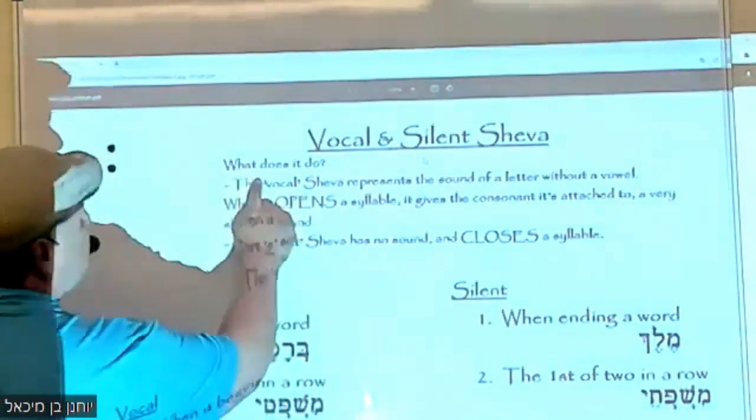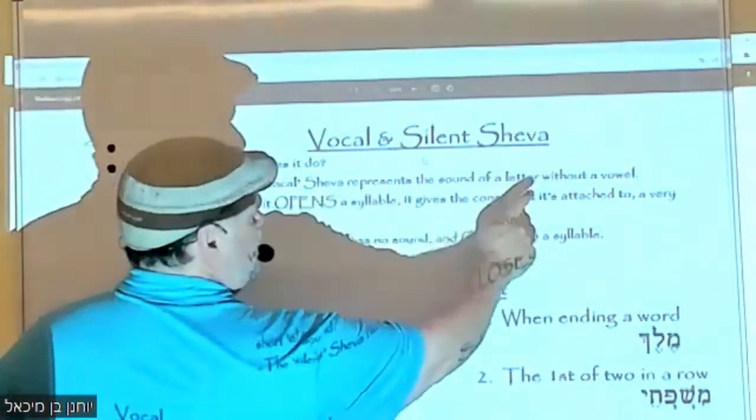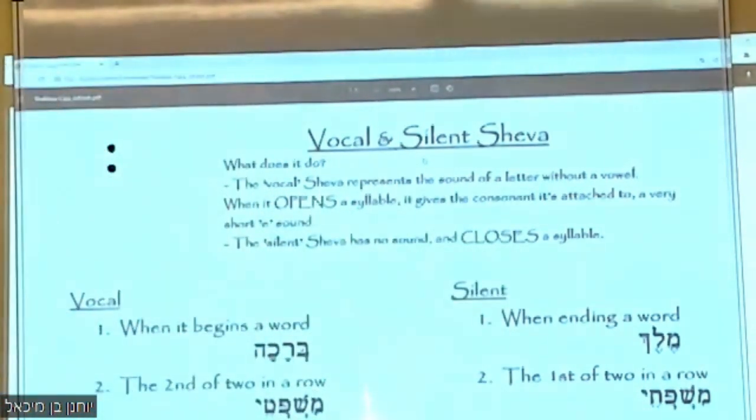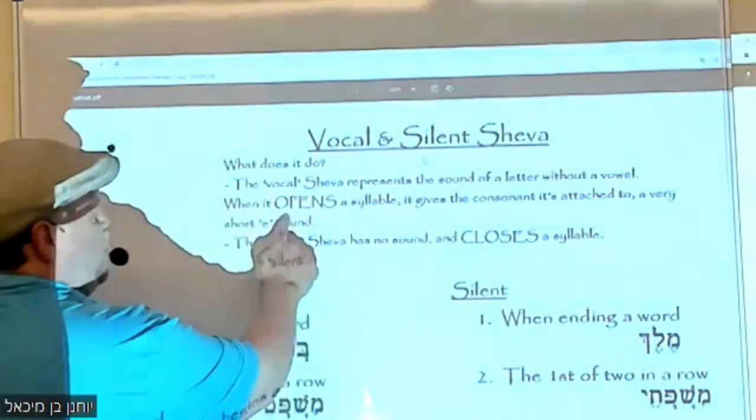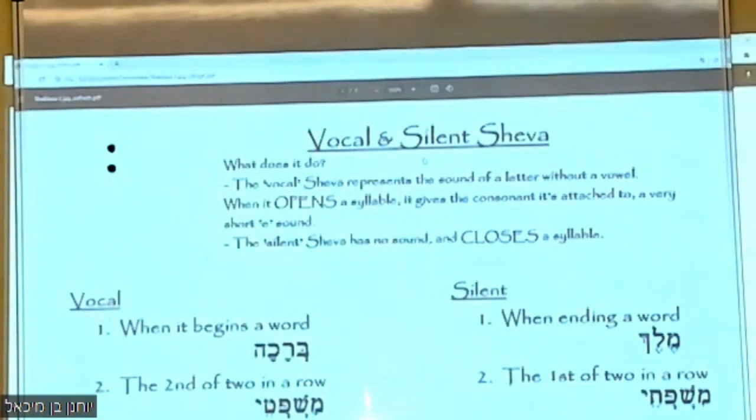So let's take rule number 1. Or let's see, what does it do? So the vocal shva represents the sound of a letter without a vowel. So you'll have a consonant with a shva underneath it, 2 dots underneath it, okay? When it opens a syllable, it gives the consonant that it's attached to a very short, quick E sound.